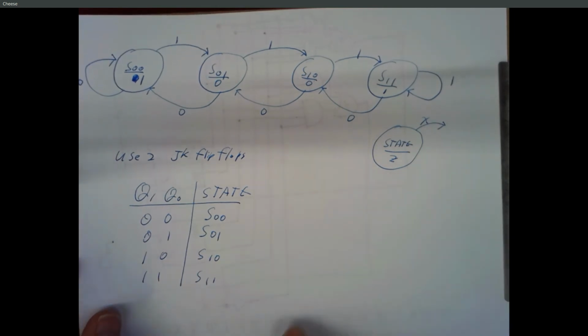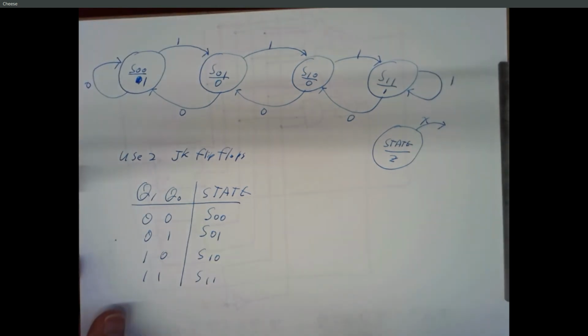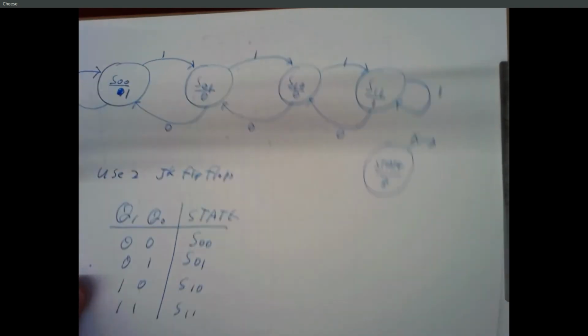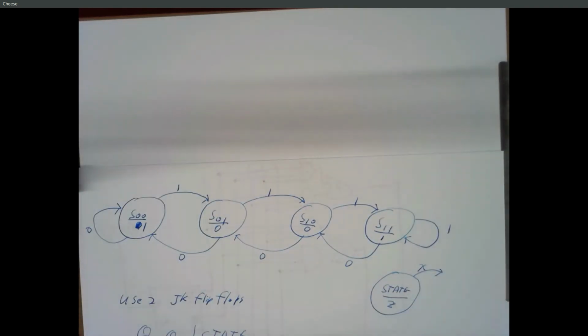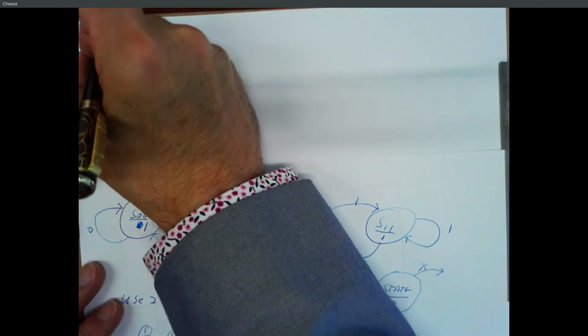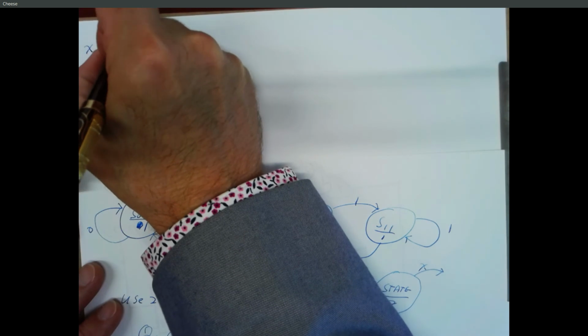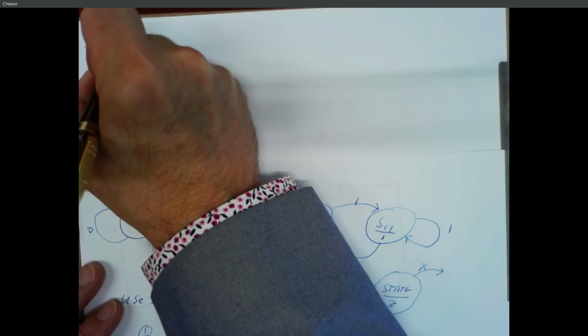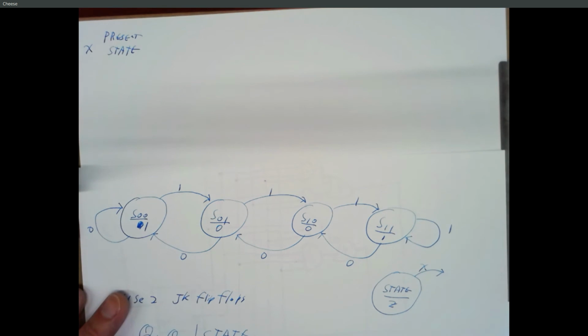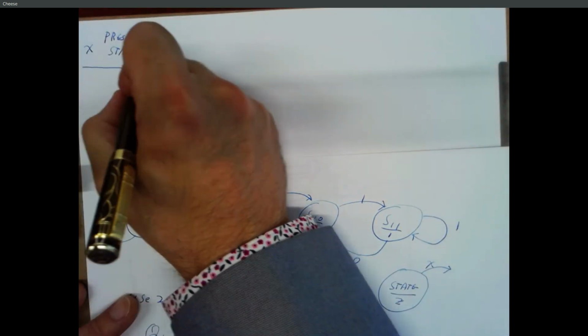All right, well, we have 1 input, we have 4 possible states. So let's start our state transition table. So here's X, here's our present state.